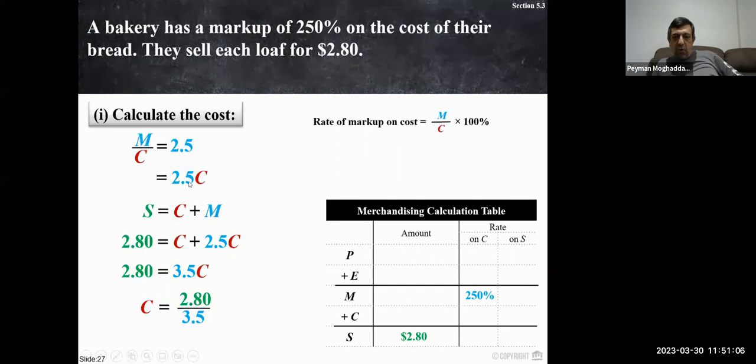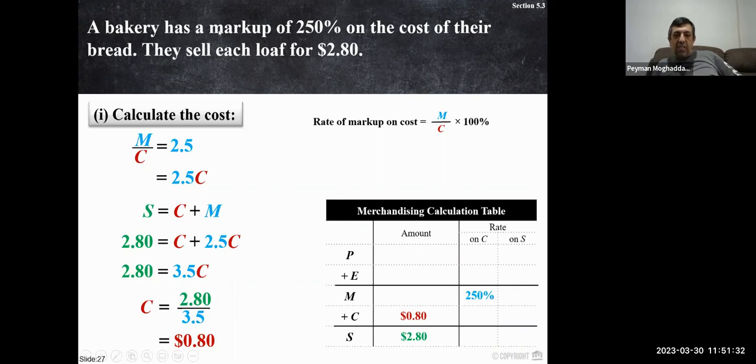So the selling price is cost plus 2.5 times cost. So 3.5 times cost is going to be $2.8. So cost is going to be $2.8 divided by 3.5, which is 0.8.